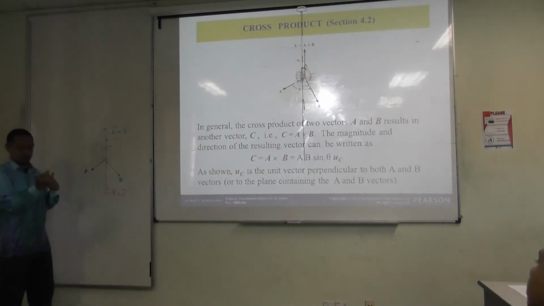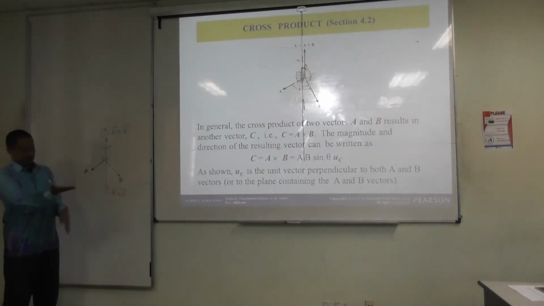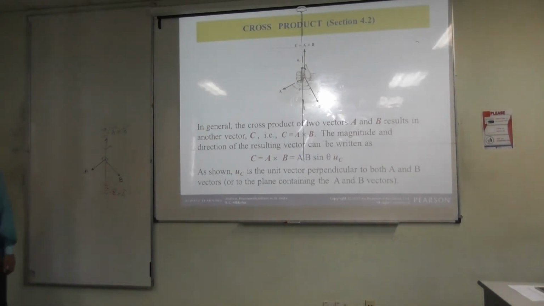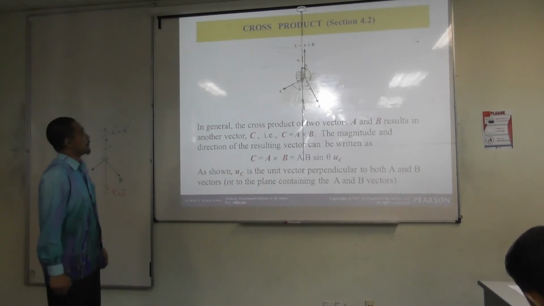If you have A here and B there, this one is perpendicular to both because your thumb is perpendicular to this plane basically. So that's the characteristic of the cross product. Okay.